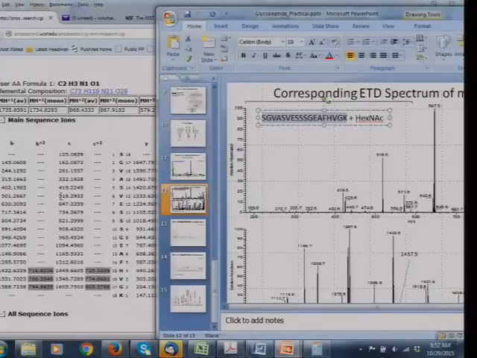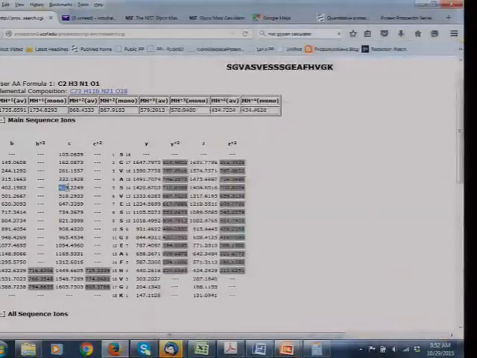We do. We have a 419 here. So that 419 peak must correspond to a c5 ion with no sugar attached. Therefore, based on that peak alone, we can say the modification is not on the first serine and it's not on the second serine in sequence, because we're seeing that unmodified.